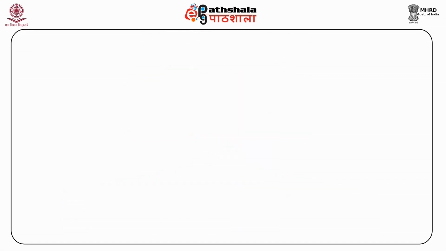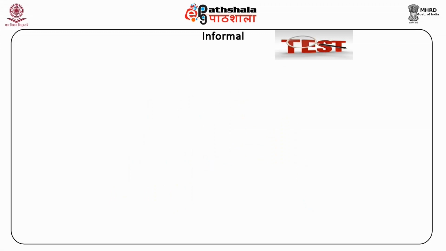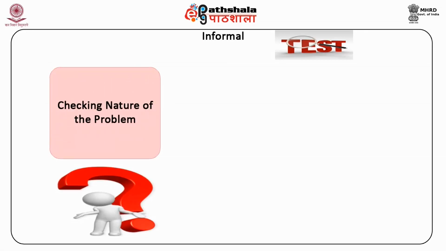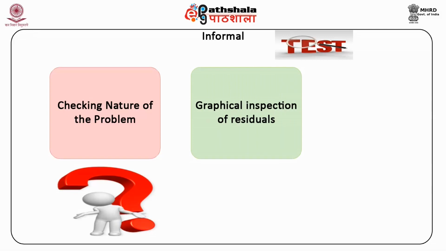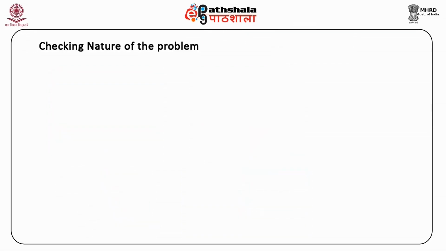Let us now move on to discuss the informal methods to identify the problem of heteroscedasticity. The informal methods are of two types: checking the nature of the problem, and graphical inspection of residuals. Let us now take a look at each one of them in detail.